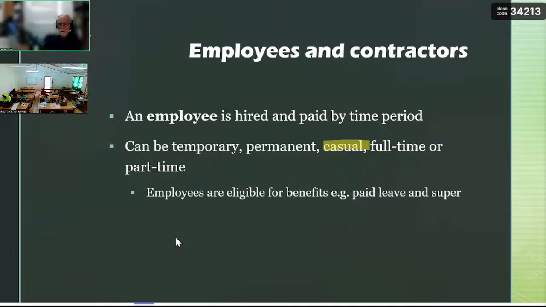So employees are eligible for benefits, paid leave, superannuation, as I was saying. Super is their nest fund, so that when they retire, they'll have some money to live off, like us all.